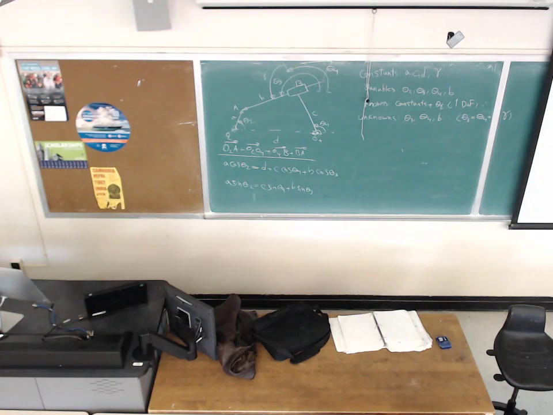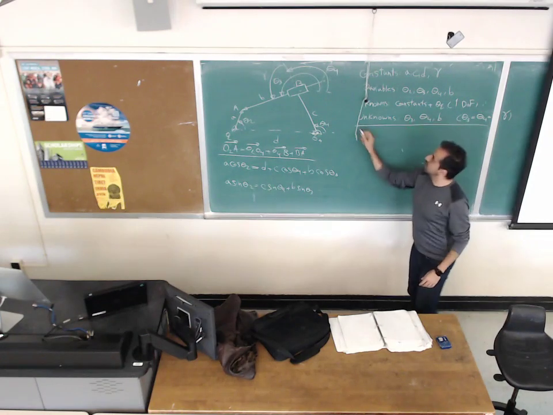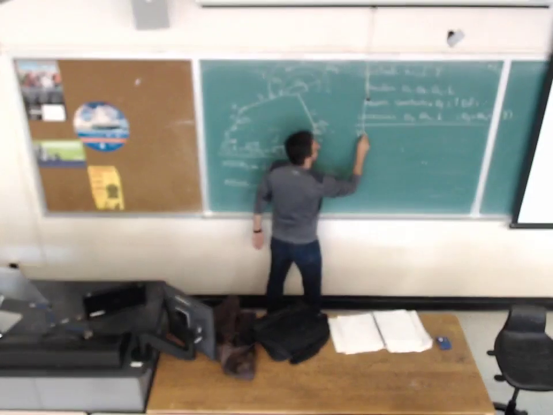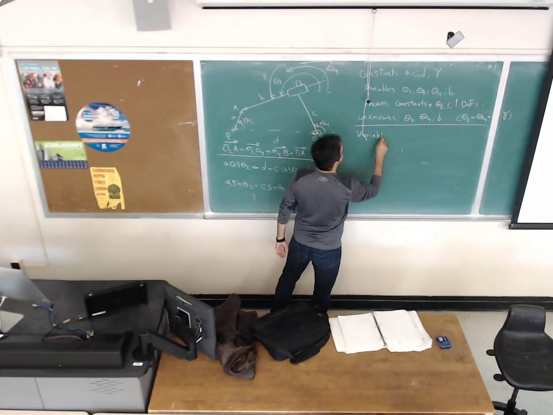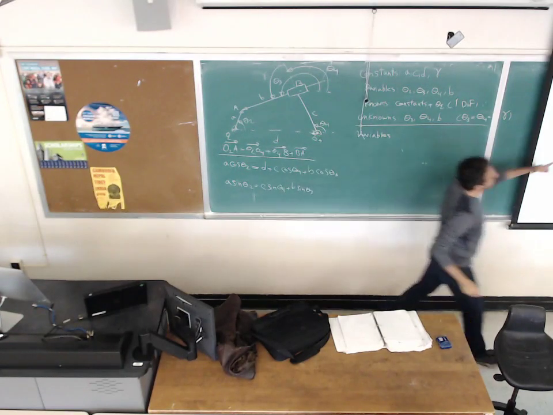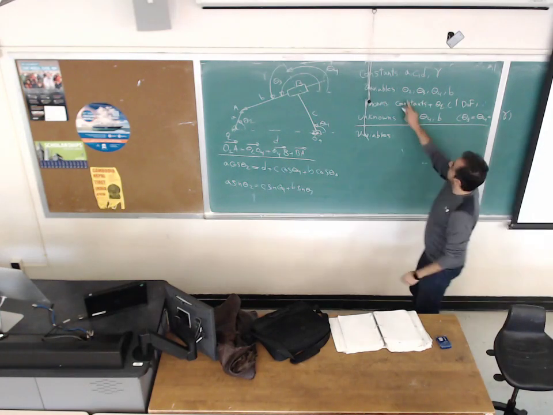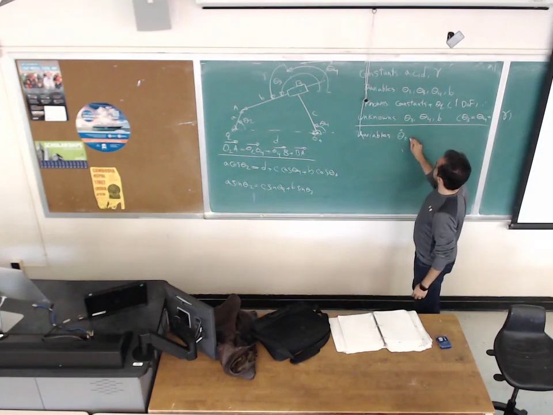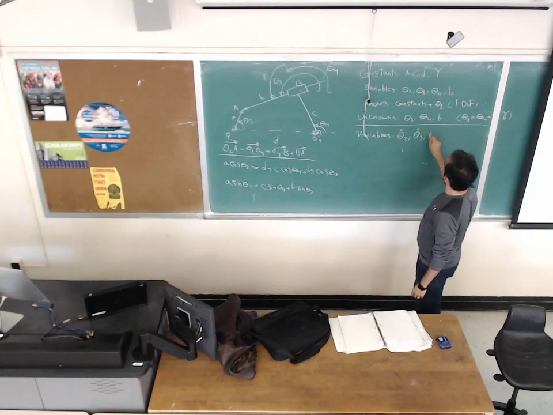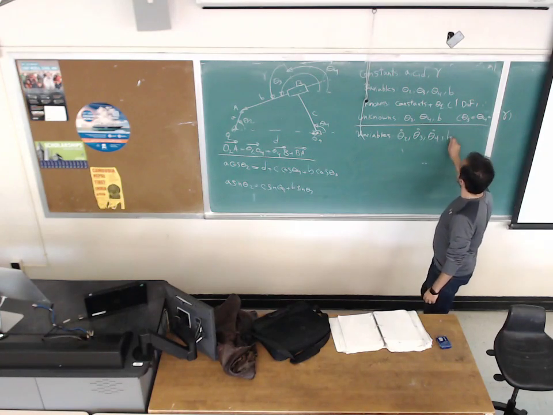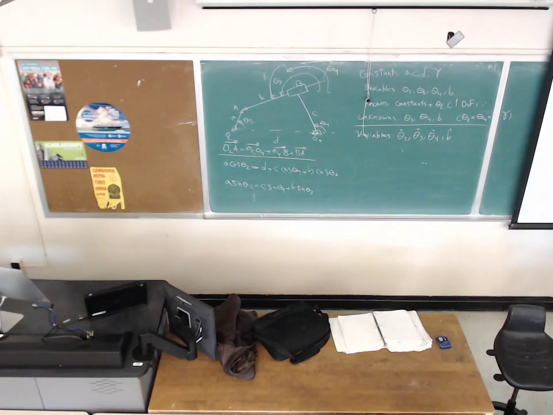After we are done with displacement or position analysis, we can do velocity analysis. Whatever was variable here, just put a dot on top of that: theta dot 2, theta dot 3, theta dot 4, and B dot.